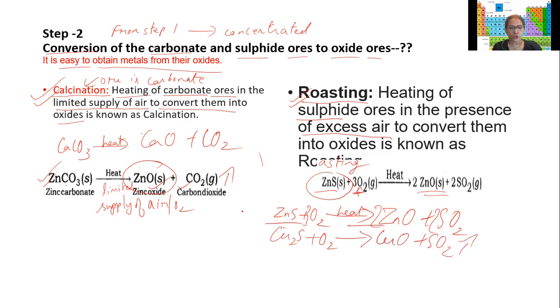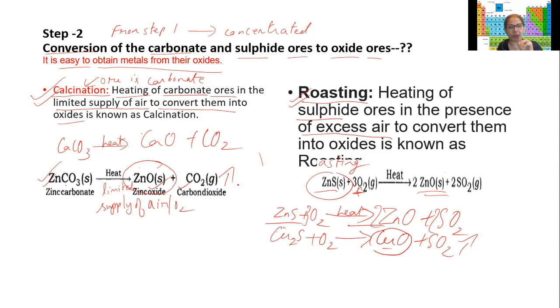This way we will get the oxide of the metal. Oxide of the metal will be obtained here, and we can get the metal from the oxide easily.